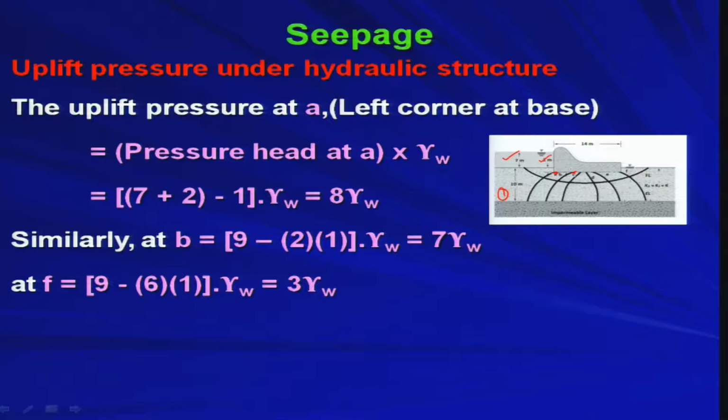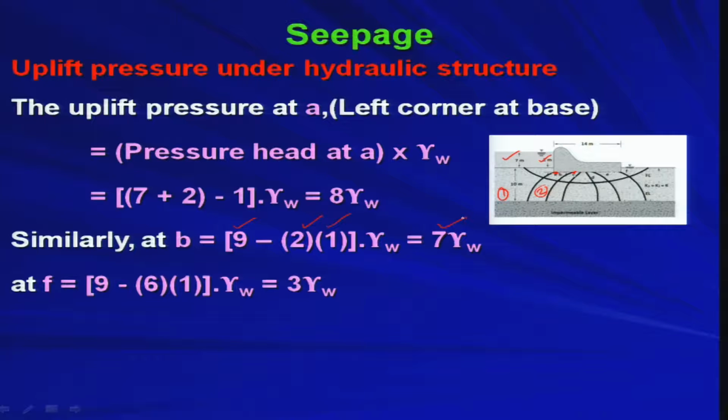So, 9 is the total depth minus the loss accumulated going from the upstream side to point B. There are two equipotential drops, the first one and the second one, so the loss will be 2 into 1. So, 9 is coming from the depth, 2 is the number of equipotential drops to reach point B, and 1 is the loss for each equipotential drop. So, you are getting 7 gamma W.